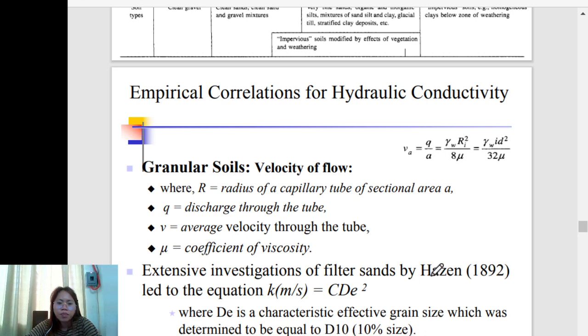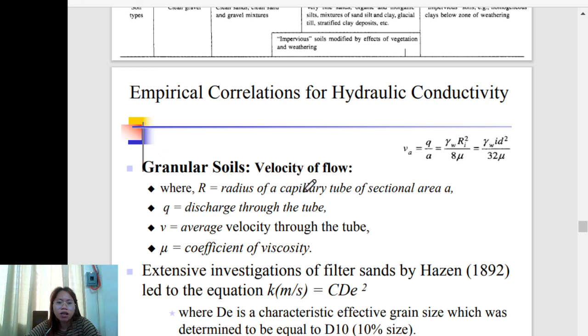Now, according to Hazen 1892, his equation or formula is different. I guess this is C, the coefficient, which is a numerical value. C times the effective grain size, D sub 10, squared. So, his formula is different.